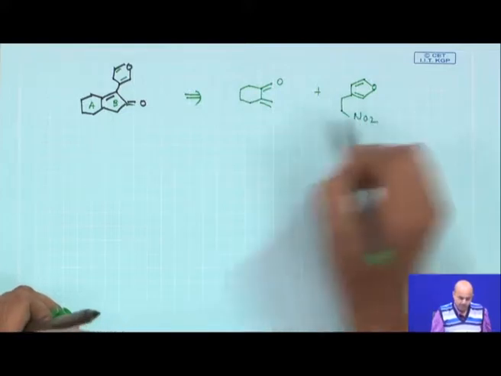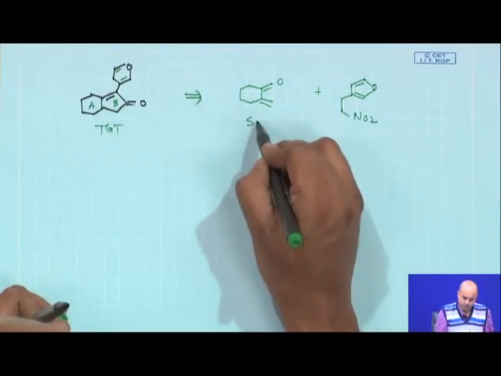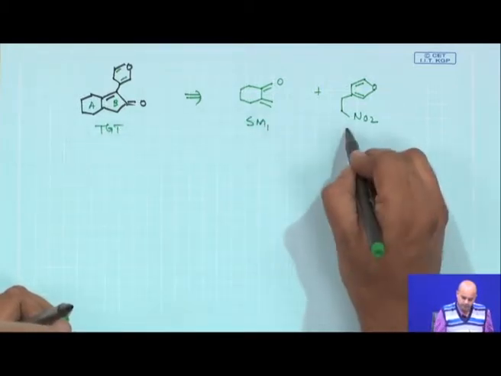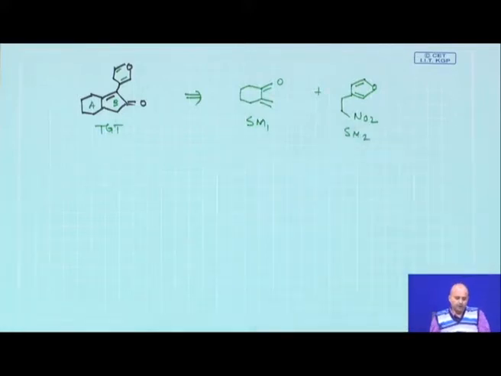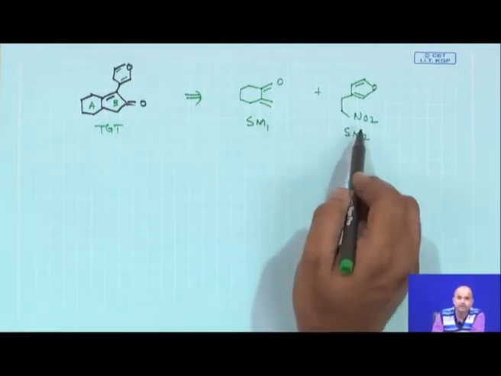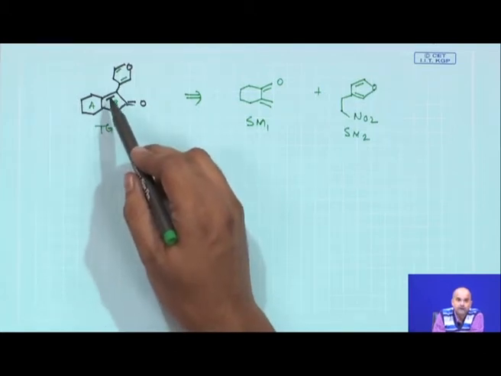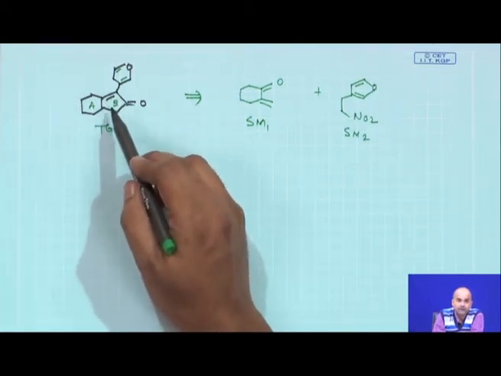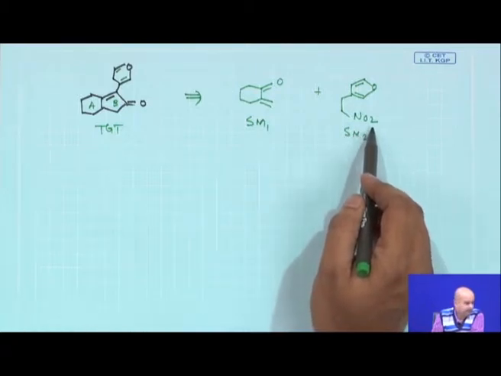Now, as the starting materials are given to you, your job is almost simplified. Starting material 1, starting material 2. Now, you try to correlate how these 2 starting materials can be assembled, or how this target can be skeletally disconnected, so that the 2 starting materials can be arrived at.